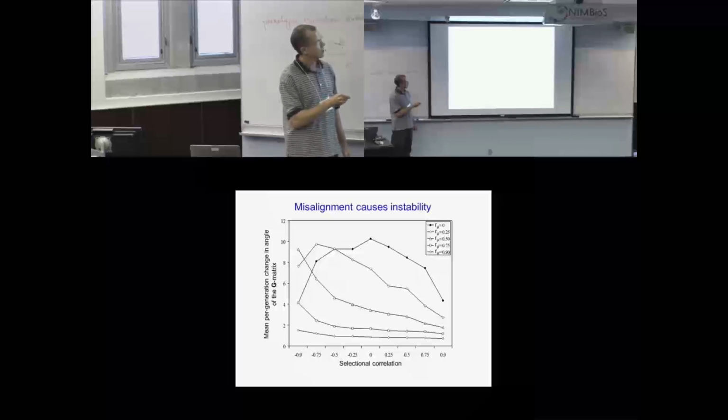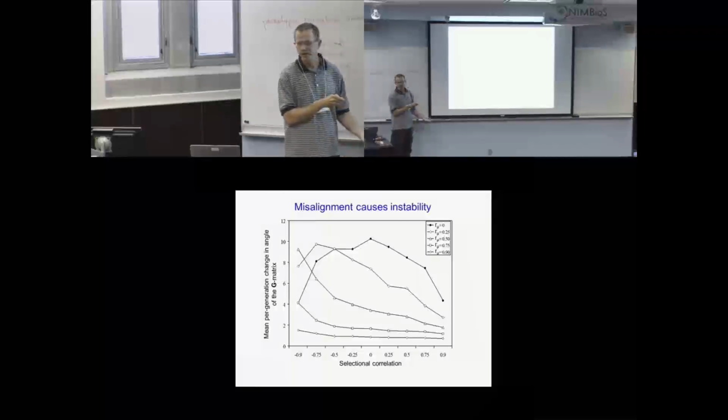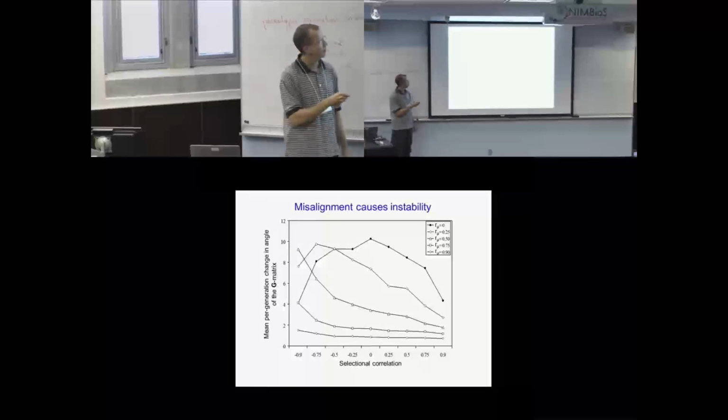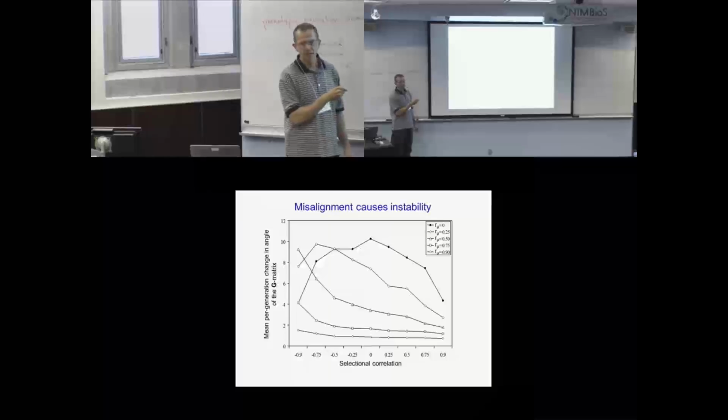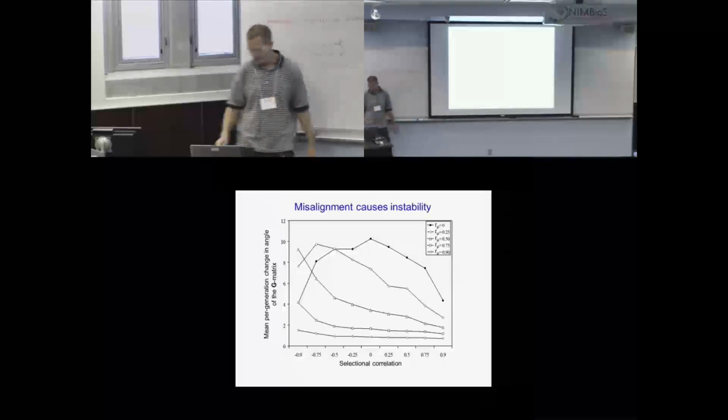So here there's a mutational correlation of 0.25, so it's not that strong of a mutational correlation. If it aligns with correlational selection, then it actually increases G matrix stability. But if it's misaligned, it results in a huge destabilizing effect on the G matrix, right? So misalignment of the mutational correlation and the selectional correlation actually decreases G matrix stability.